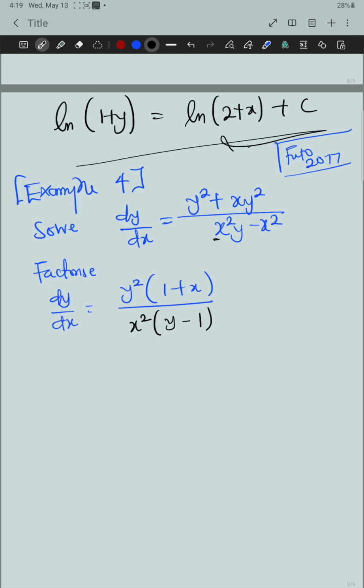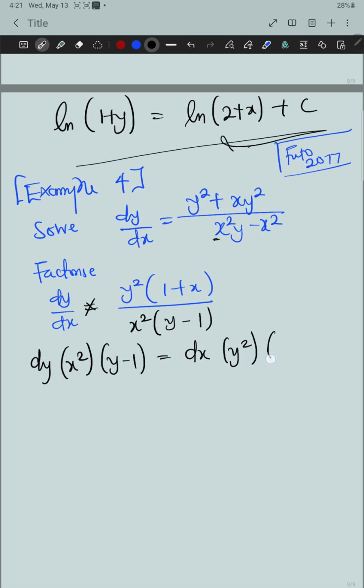So what do we do from here? We try to cross multiply quickly. So we have dy multiplied by x squared multiplied by y minus 1 equals dx into brackets y squared into brackets 1 plus x. The reason why I'm doing this is to make it easier for you. Did you see that?